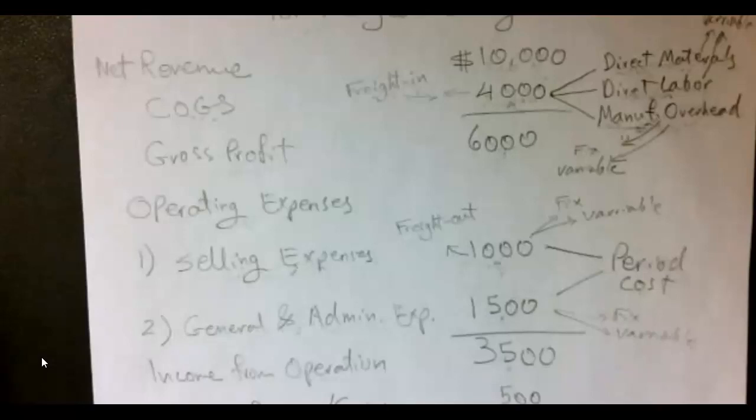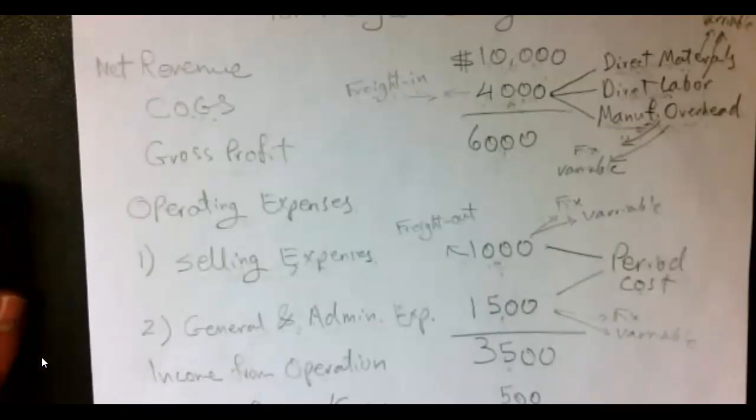So if you produce nothing, your product cost will be close to zero, right? But if you produce nothing, your period cost normally happens every period. So period cost is your selling part of operating expenses, which includes selling expense and general administrative expense.